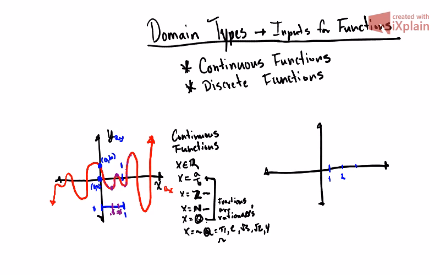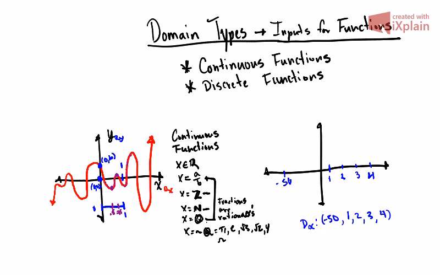X value of 2, x value of 3, x value of 4, and for kicks and giggles, let's do x value negative 50. No matter what, the domain for x is just negative 50, 1, 2, 3, and 4.